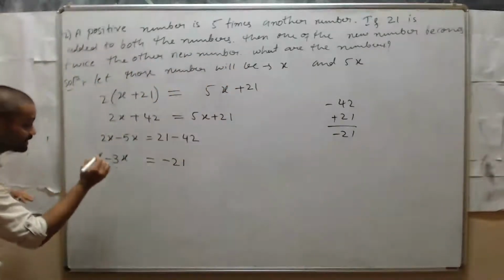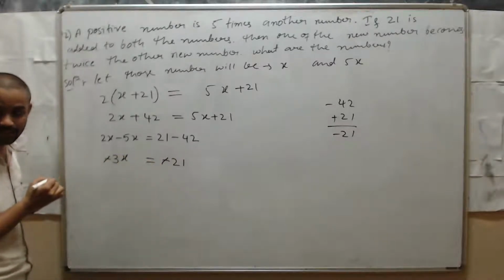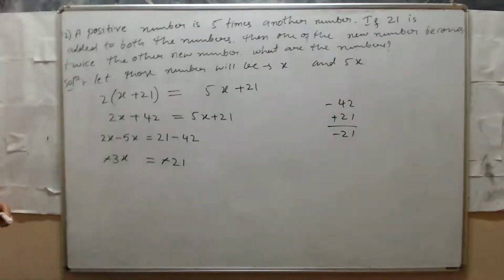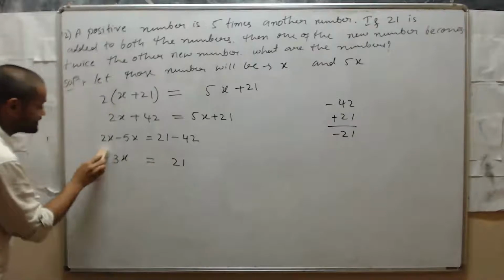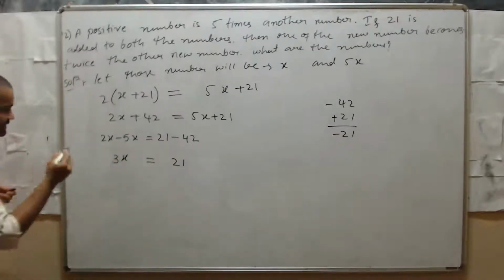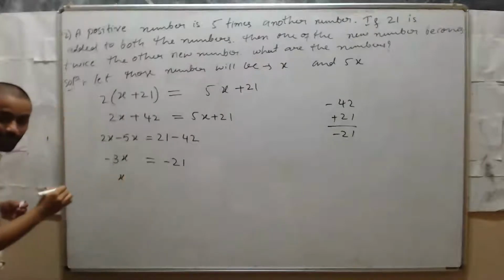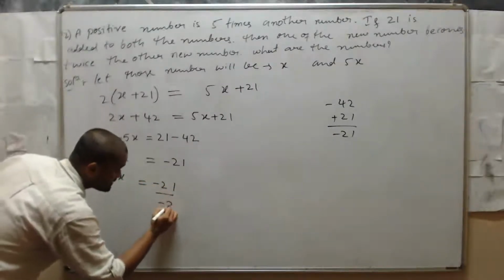See here, concentrate. This minus as well as this minus cancel. Then x is equal to minus 21 by minus 3.